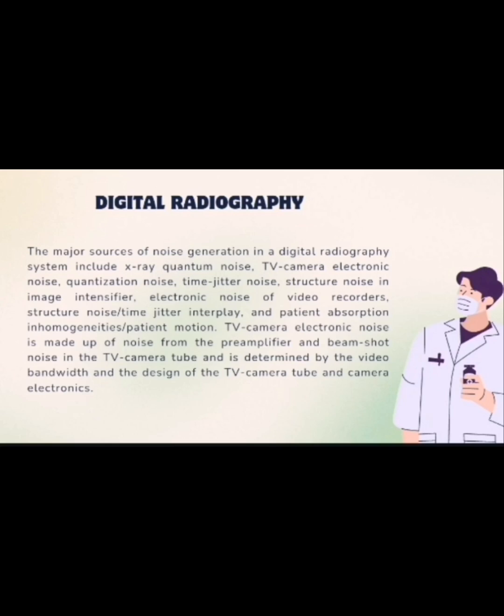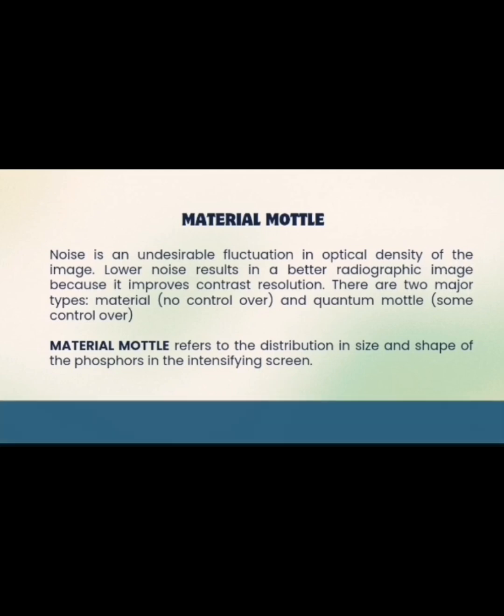TV camera electronic noise is made up of noise from the preamplifier and beam shot noise in the TV camera tube, and is determined by the video bandwidth, the design of the TV camera tube and camera electronics.